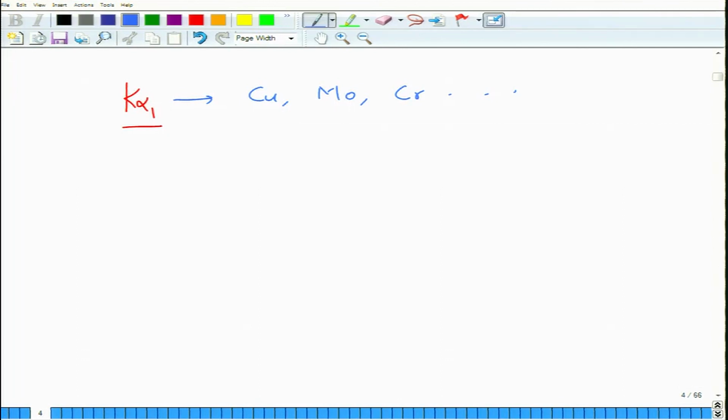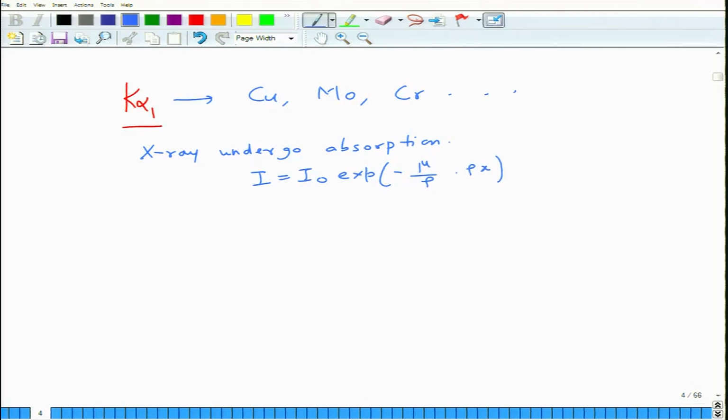Another thing which happens is that when X-rays strike a material, then X-rays undergo absorption. When X-rays undergo absorption, of course the intensity changes as I equals I naught exponential of minus mu by rho into rho x.